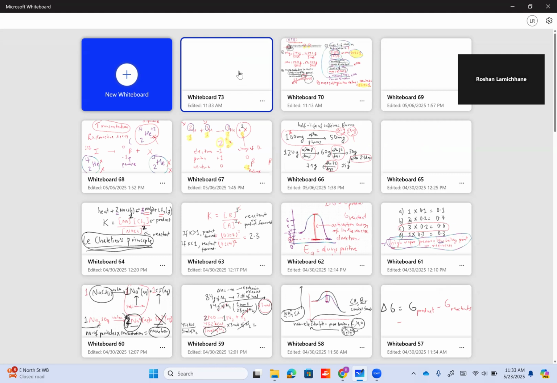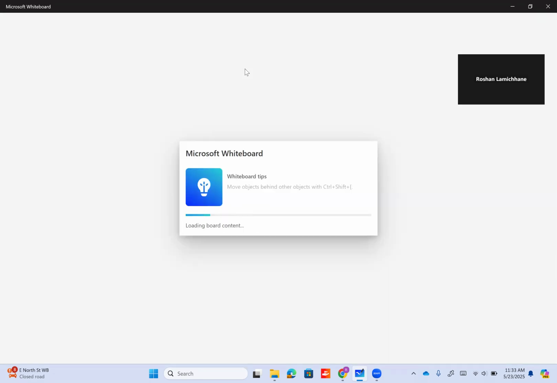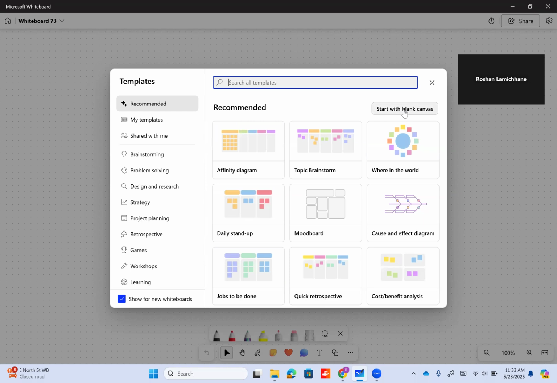Where did my screen go? Okay, I'm just going to create a new one. So our goal again: mass percent of each element.